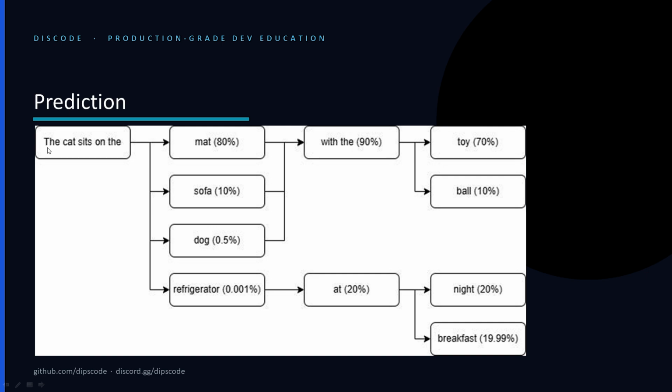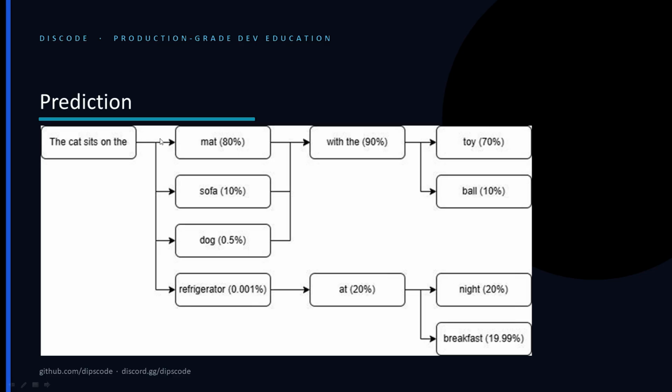Suppose I have asked a question: where does a cat like to sit? This is the first answer ChatGPT created: the cat sits on the. Then it's going to choose the word that has the higher probability to fit here. Let's say there are different words: mat, sofa, dog, refrigerator. Mat has the higher probability, so it's going to select mat.